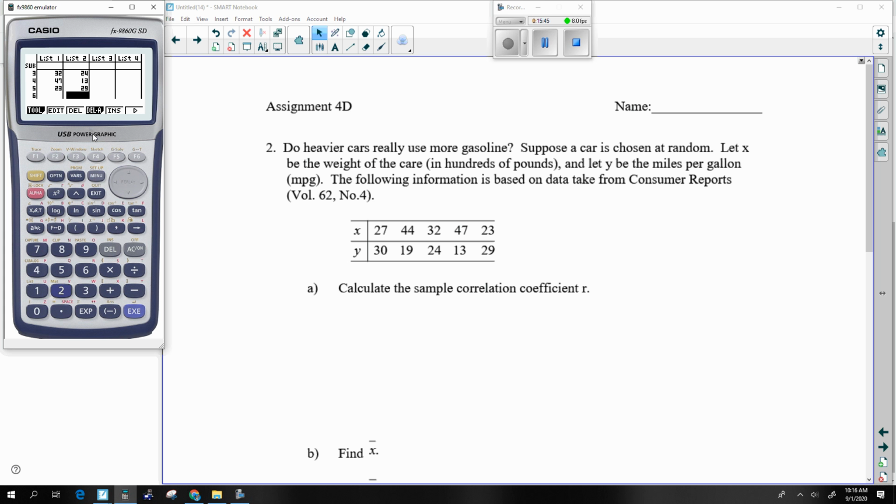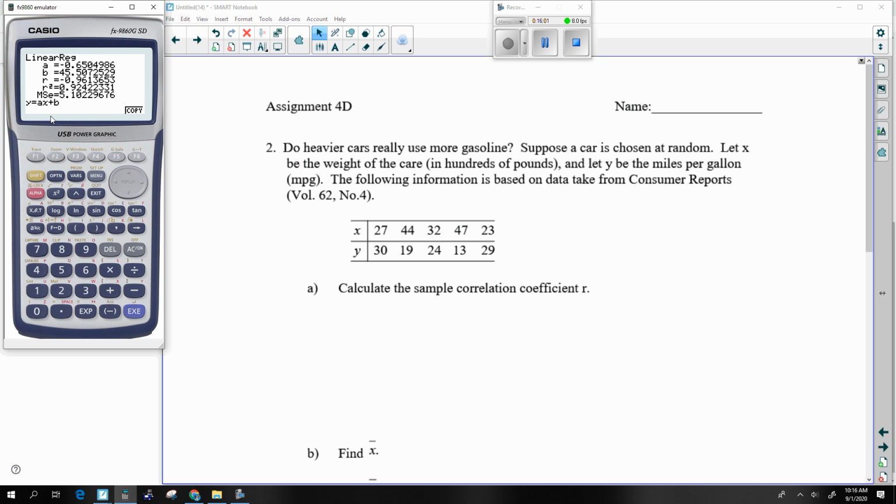Double make sure that we didn't have a silly button push. Okay, we're good to go. So where we're going to go now is calc, regression, x regression, and then you would hit the a plus bx version.